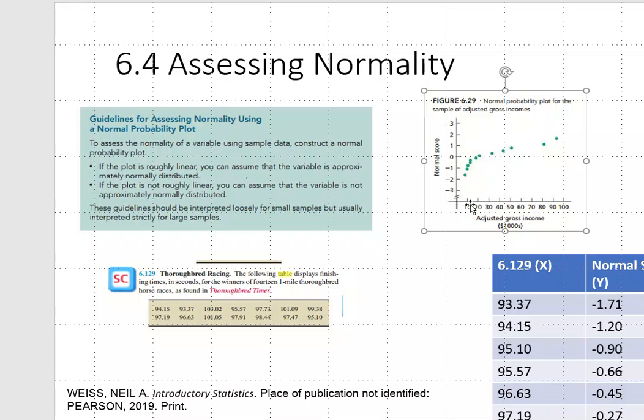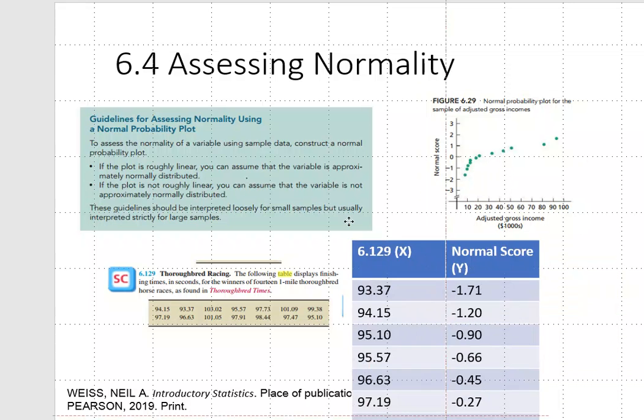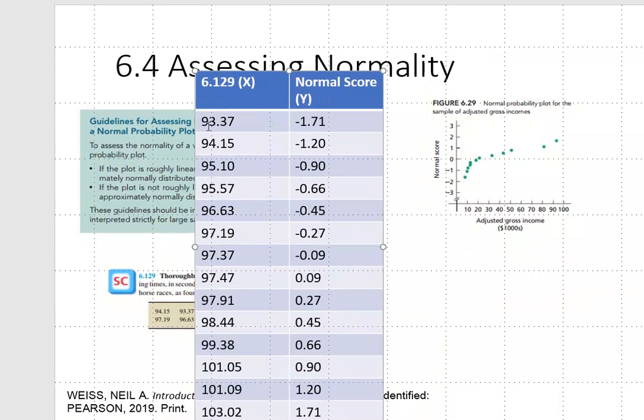The only thing that will be different for us is the horizontal axis, and then we will plot. We would match, just like in regular graphing. We would find 93 on the number line, and then go up to negative 1.71, plot that point, and do that for all the remaining points, and then look at the graph.